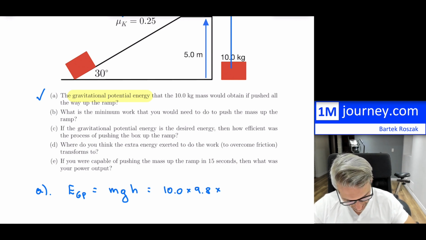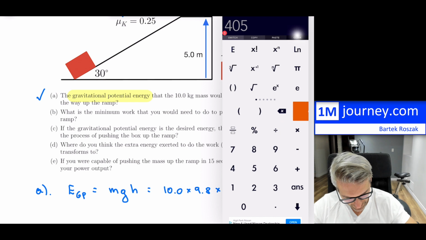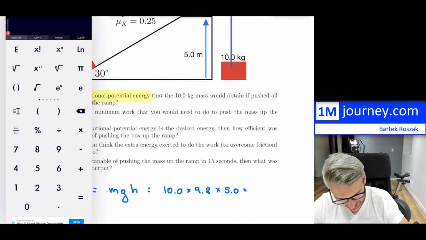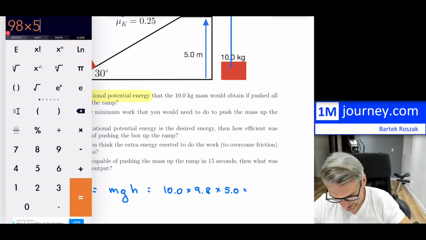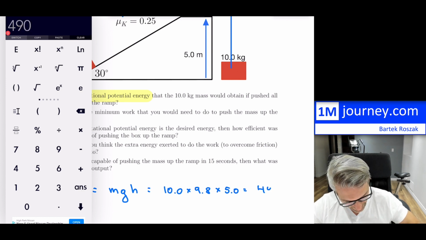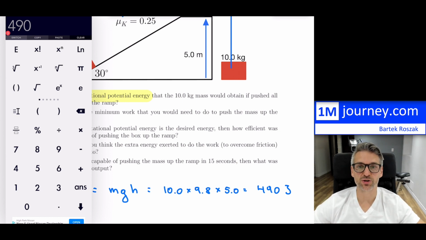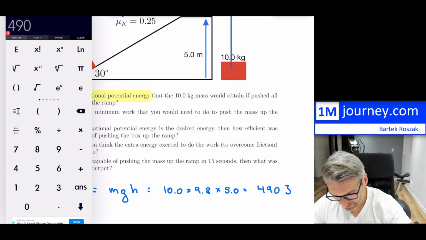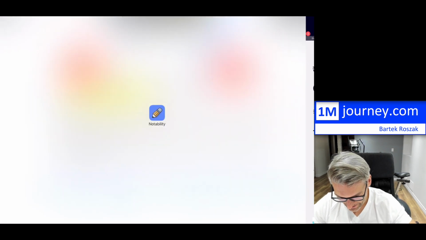It's always typically an approximation. And then your height, which is 5 meters. So 10 times 9.8 is 98, multiplied by 5. So it's going to be 490 joules. So that's how much gravitational potential energy this box would have had at the top there. All right, so that's the first part.